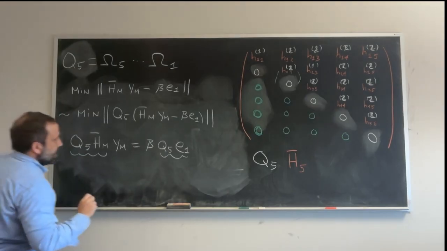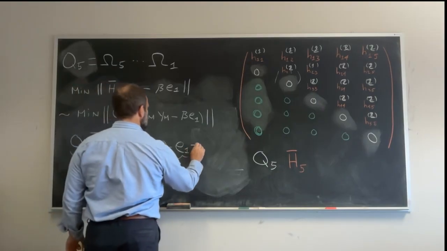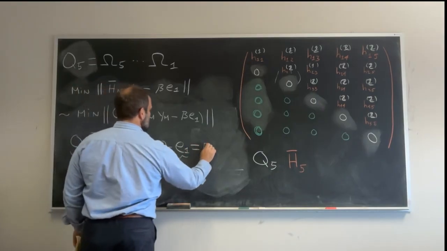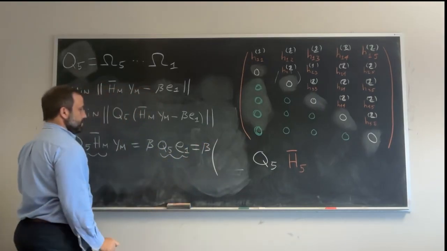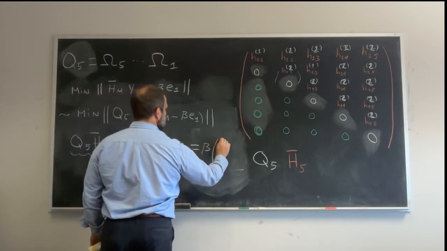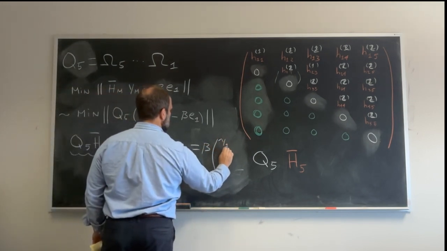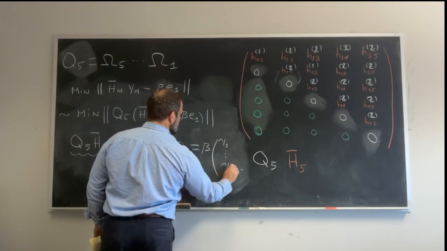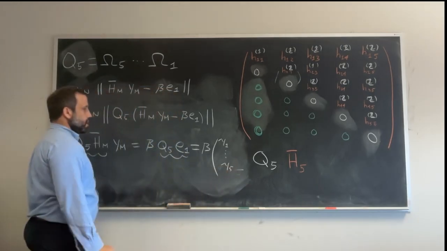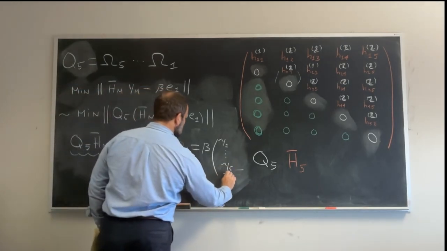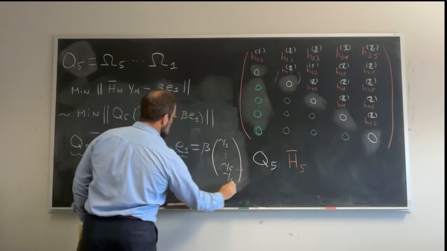And in fact, for something that I want to do in just a moment, I'm going to call this beta Q5 E1, following the notation in the book, gamma 1 down to gamma 5. But remember, there are 6 entries, so gamma 6. Okay.